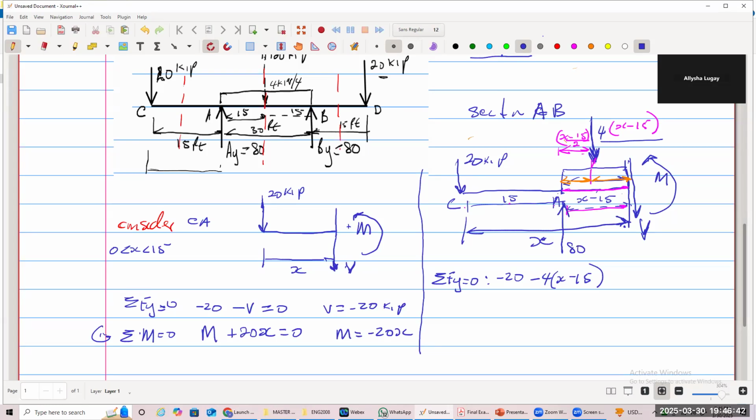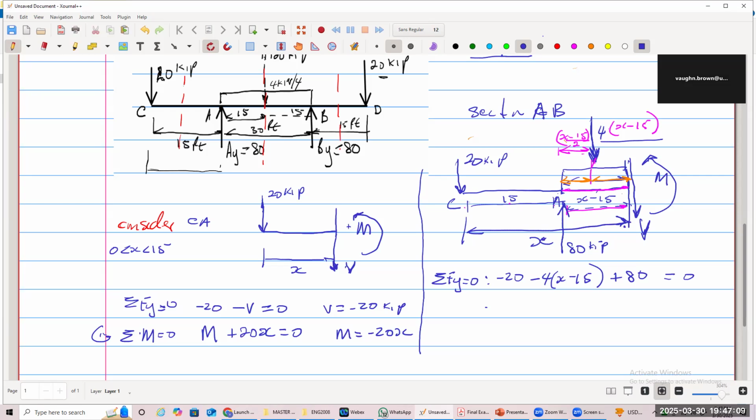Yes, sir, thank you very much. So we have the 80 kips right here, a positive 80 kips. So in this section, the sum of forces equals 0, and from this you have an expression now.